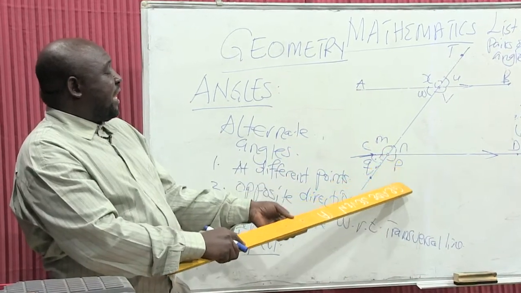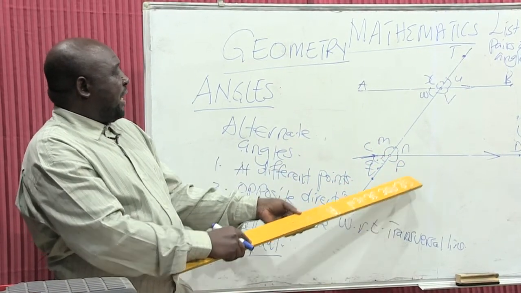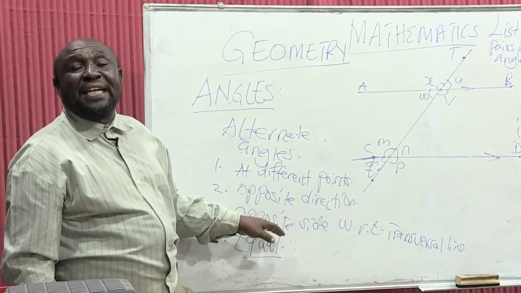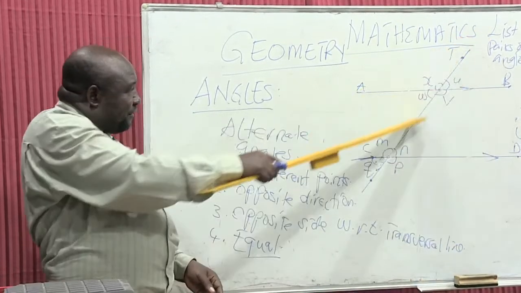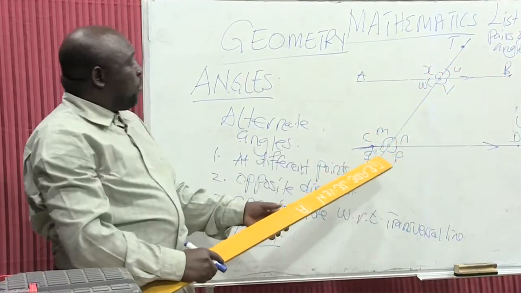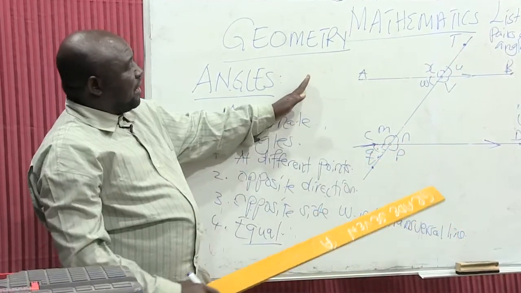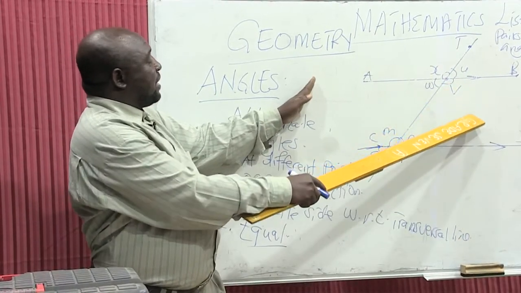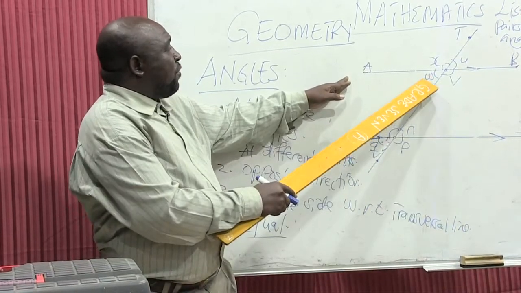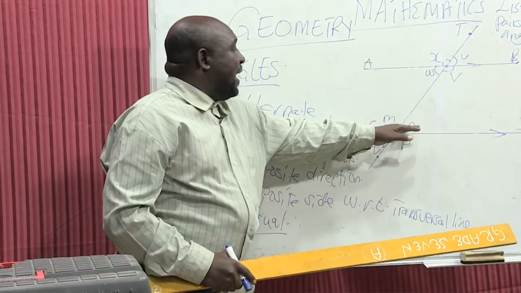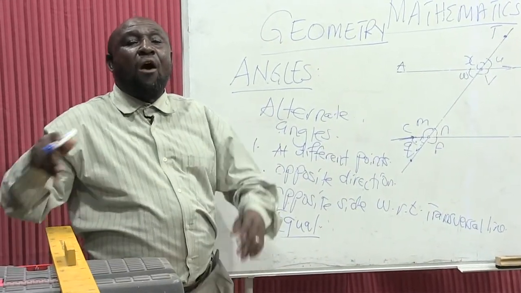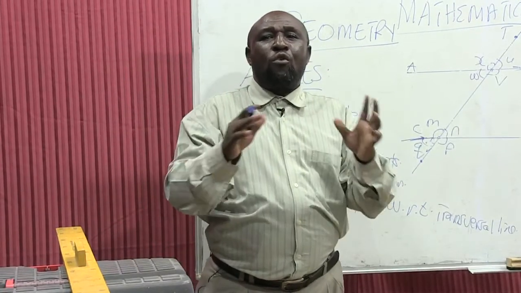P looking in this direction, and the X looking that direction. And that opposite side with respect to this transverse line. You can see the U on that side with the Q that side. V to that side with the M that side. W on this side with the N that side. So we can see clearly how alternate angles look like.